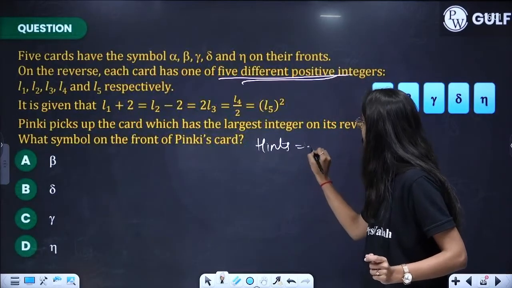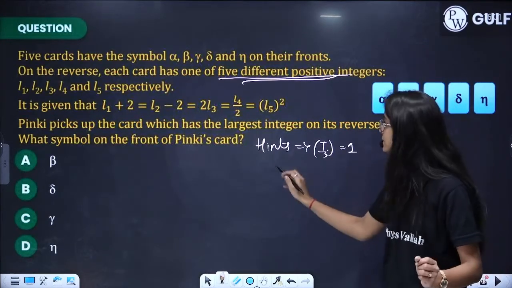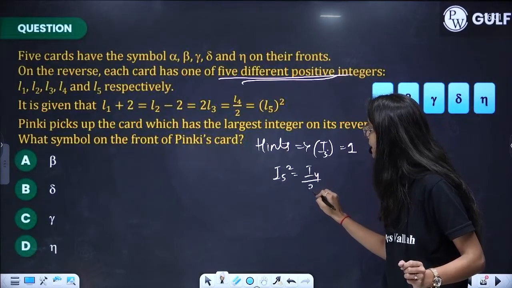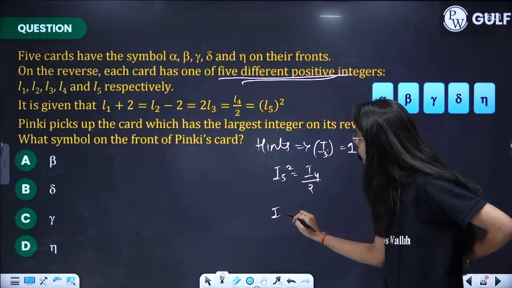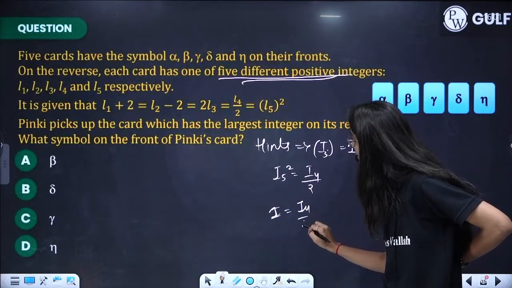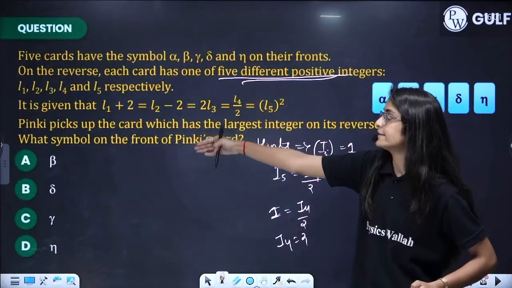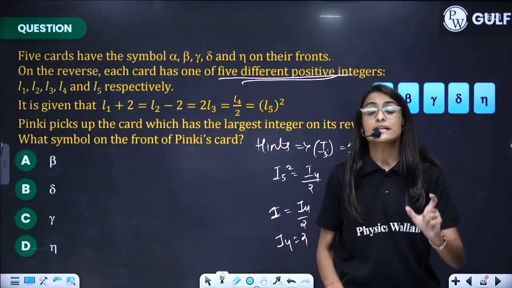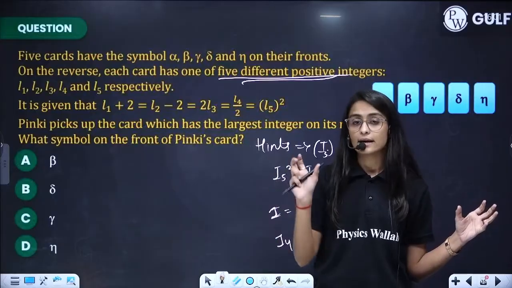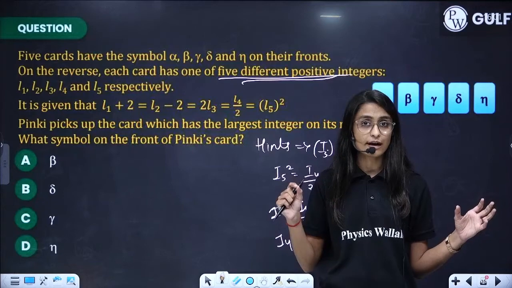If you take I5 as 1, then I5 square should be equal to I4 by 2. So 1 is equal to I4 by 2, and you'll get the value of I4 as 2. Then later on solve for I3, I2 and I1 and check. Are you getting different values for all 5 integers? And that too, you have to obtain the values in integer form. Decimals won't go. Different values are also to be obtained.